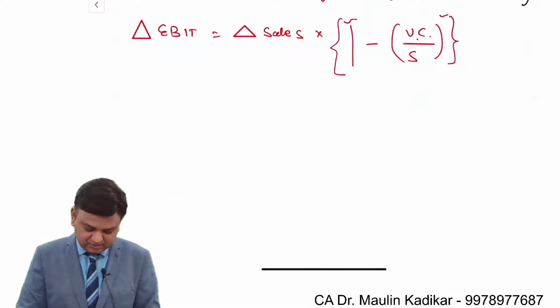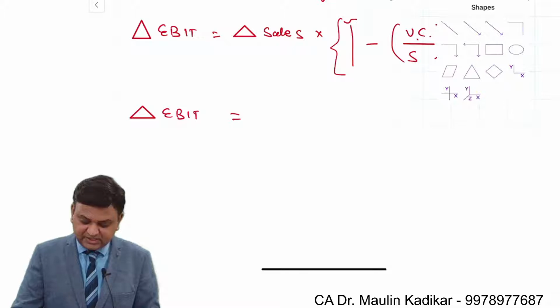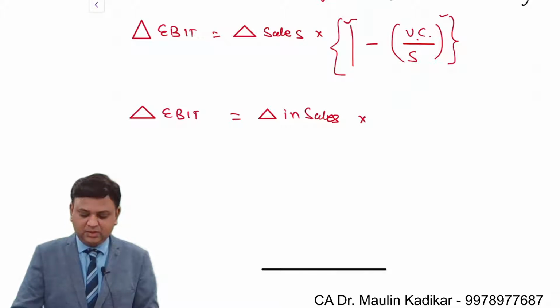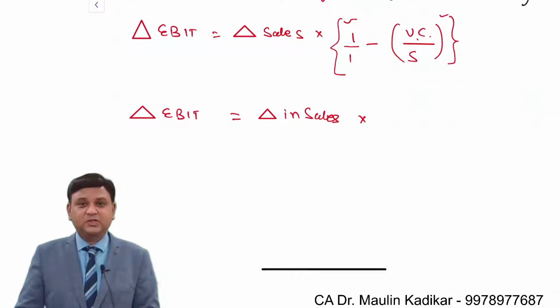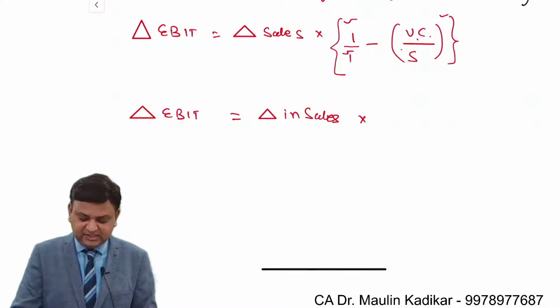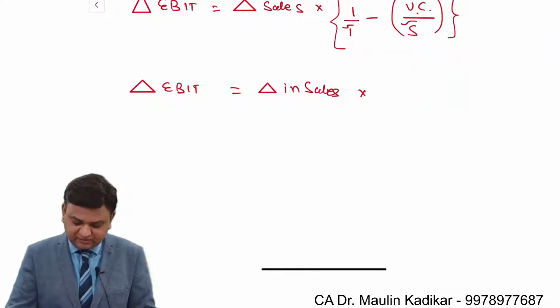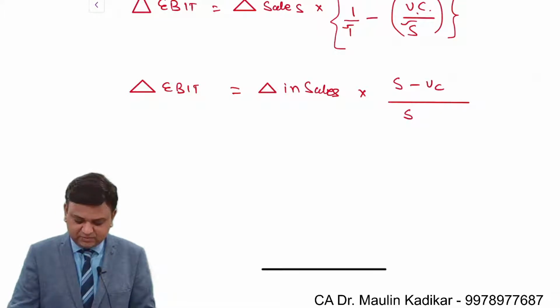Next, change in EBIT is equal to change in sales into, now we will take the LCM. This is 1 upon 1. The LCM of 1 and sales is sales. So in the denominator we will write sales, and in the numerator we will write sales minus variable cost.